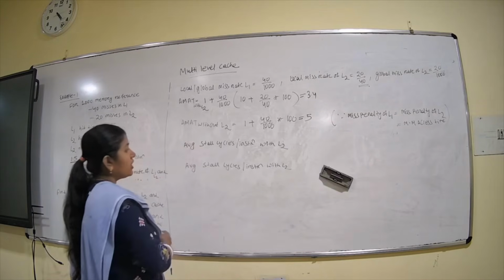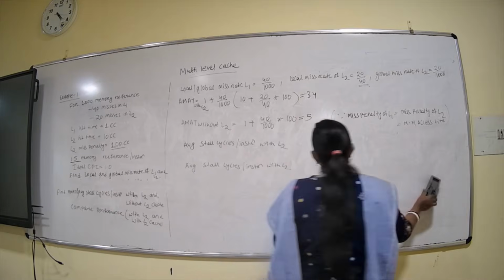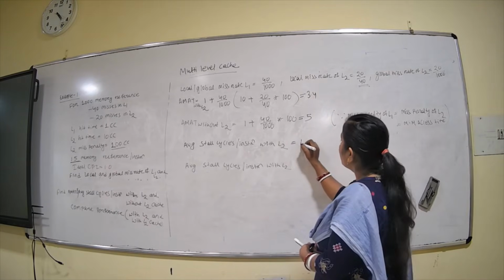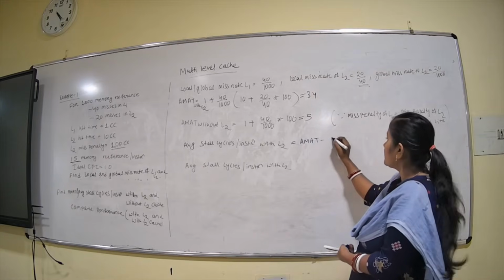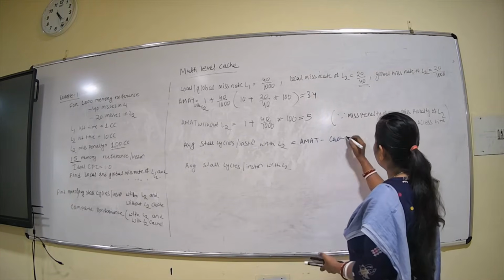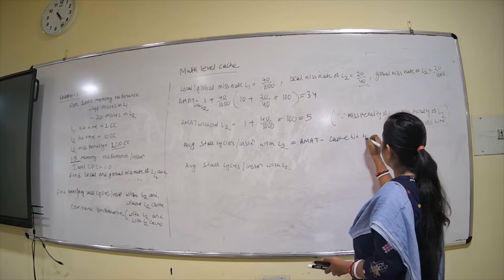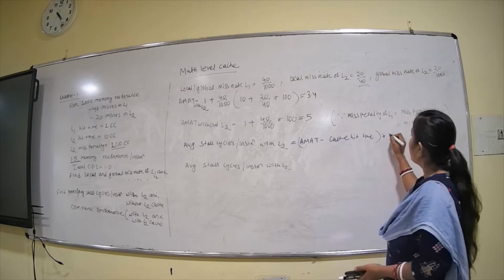So just put the various formulas. What's the formula? Formula is average memory access time minus cache time, multiplied with memory access per instruction.